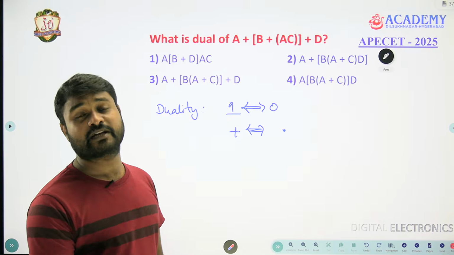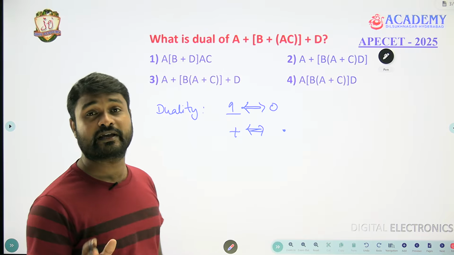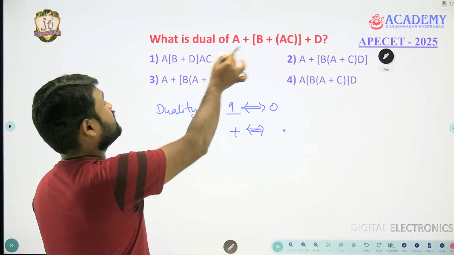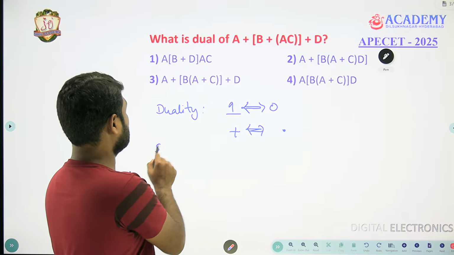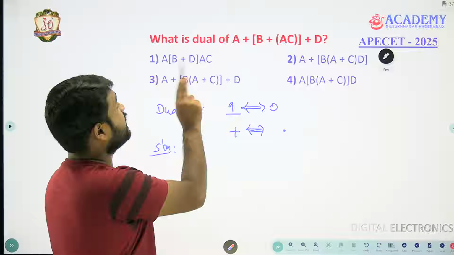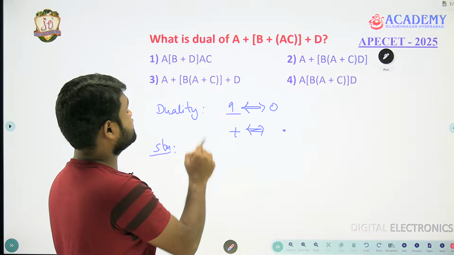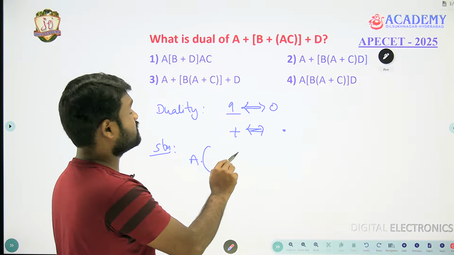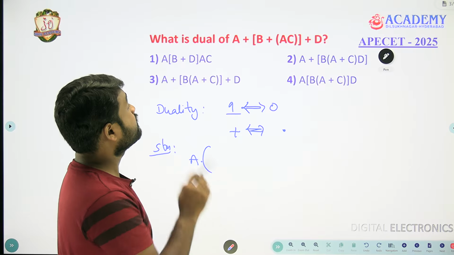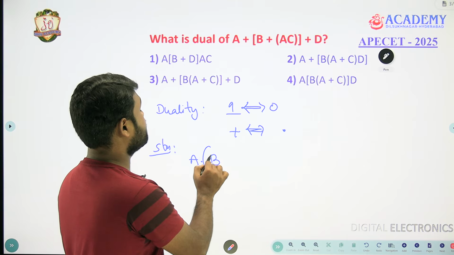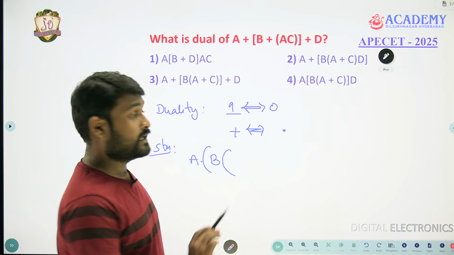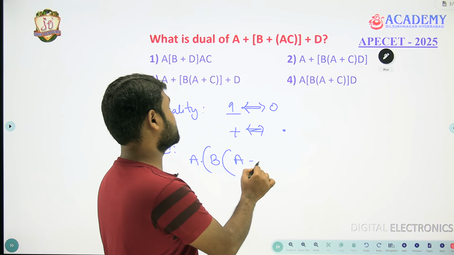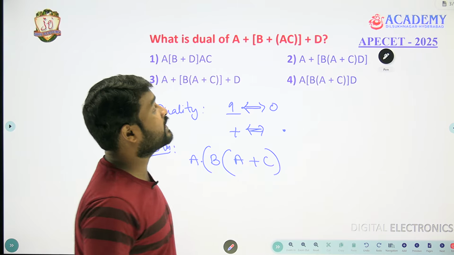Wherever plus is there, you make it dot. Wherever dot is there, you make it plus. Simple. So I am writing the answer directly, starting with the variable given. Solution: A is there, I am writing A. Plus is there, I am making it dot. Then B is there, touch the B. Then plus is there, you make a bracket. A dot C is there, make it A plus C, plus 2 dot, bracket close.